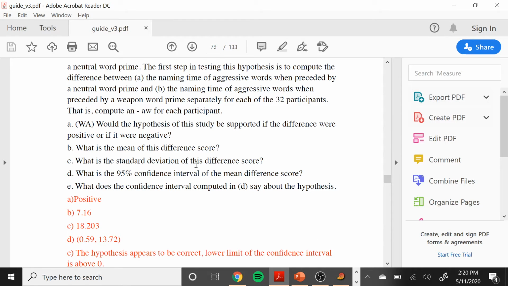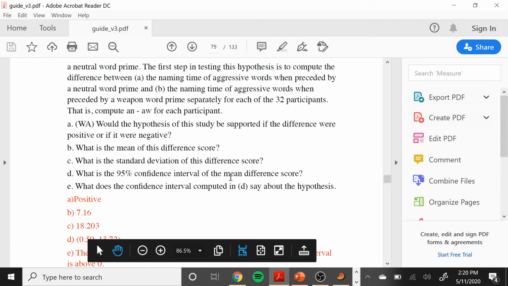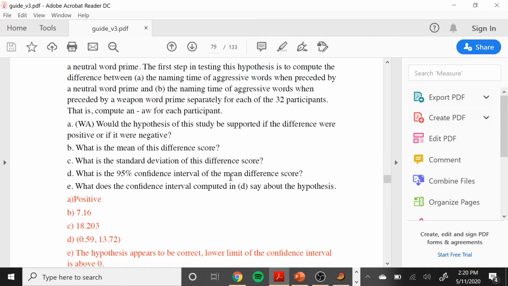What is the standard deviation? We can do that next. And then we're going to get a 95% confidence interval of the mean difference scores. Now, this is different than a difference among the means. Remember how I showed you how to do that with PAST? You can't do that with PAST directly, because we're really working with a single column.